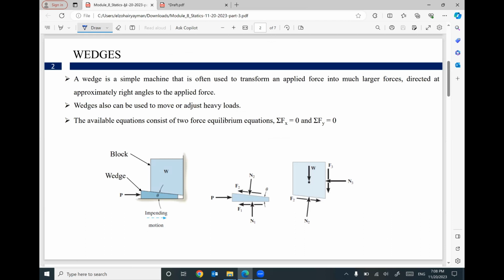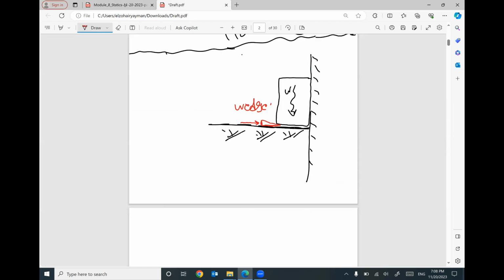That makes sense? So a wedge is a simple machine that is often used to transform an applied force into a much larger force directed at approximately right angles to the applied force. So if you push this wedge with a horizontal force, this wedge will push this body up.